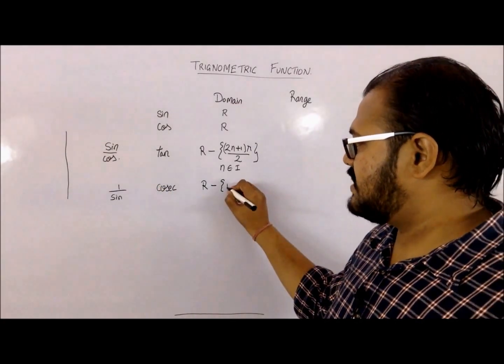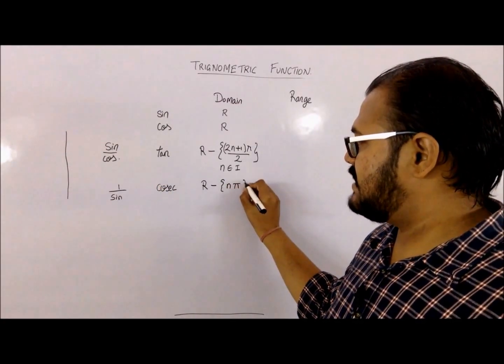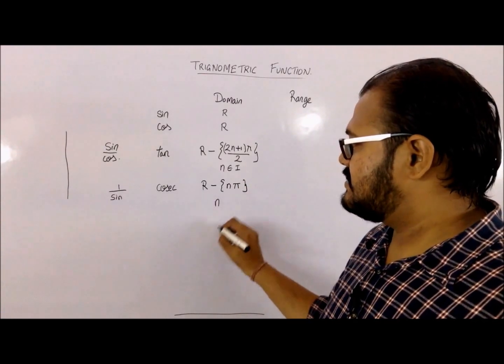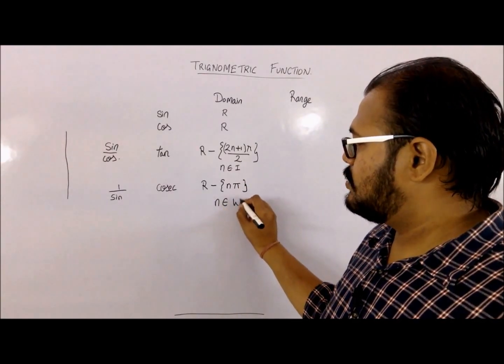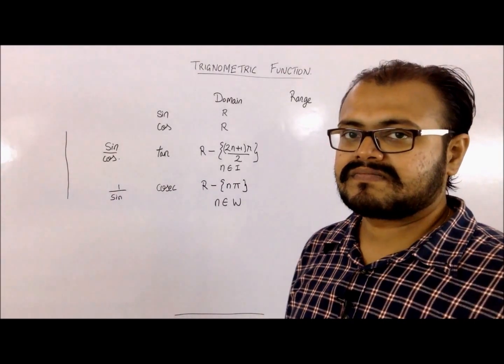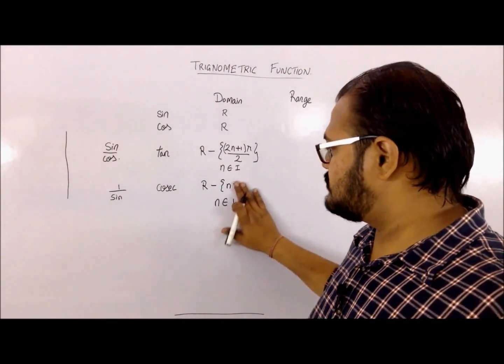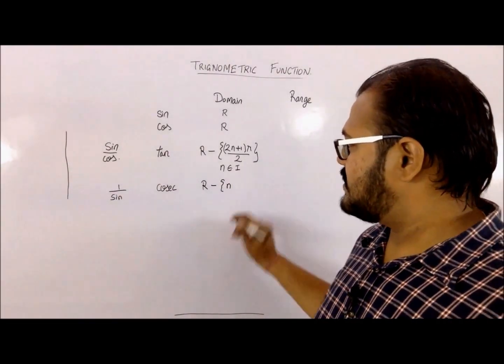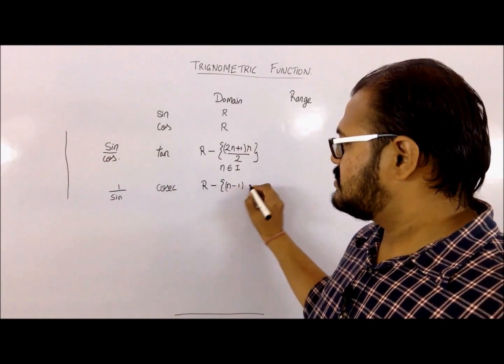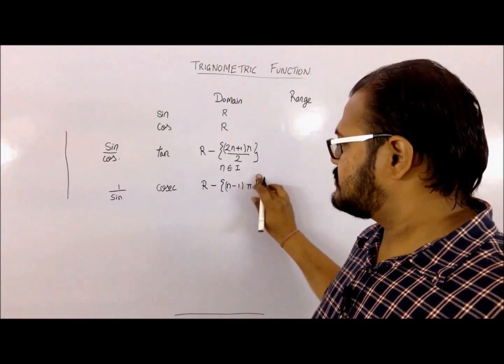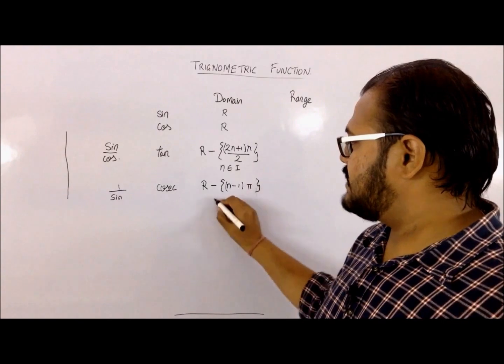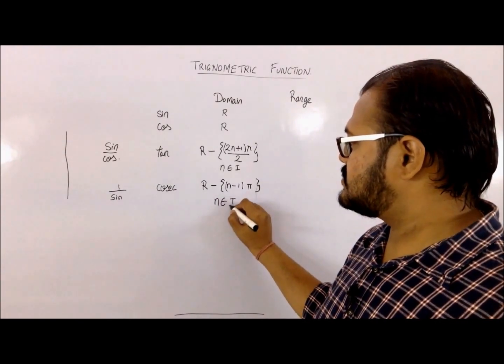Sine becomes 0 for the values n pi, where n is a whole number. Or I can also define it as (n minus 1) pi, where n belongs to the set of integers.